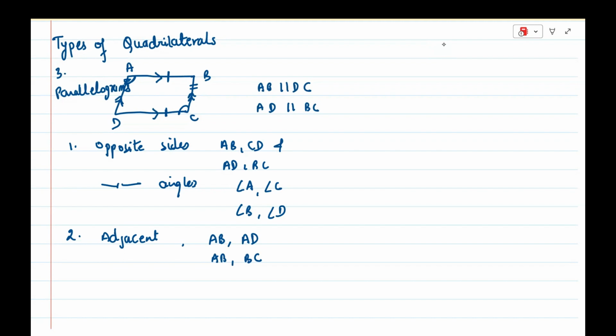If I see in the figure, this is AB. If I go this side, BC is adjacent. If I go the opposite side, AB has adjacent side AD. In the same way, if I talk of DC, DC has adjacent side BC or DC has adjacent side AD. You can take any one. Adjacent means neighbor.